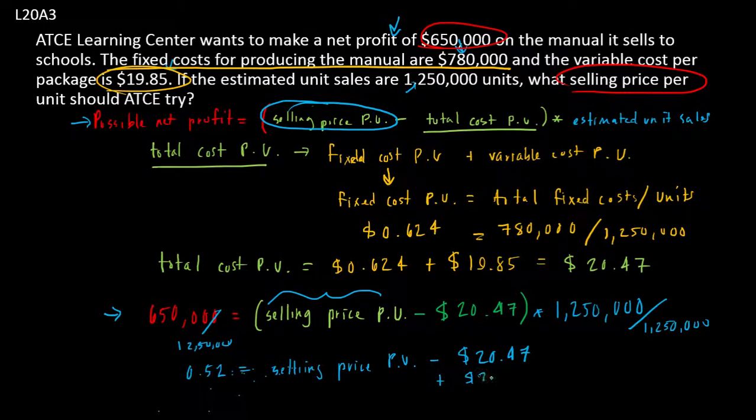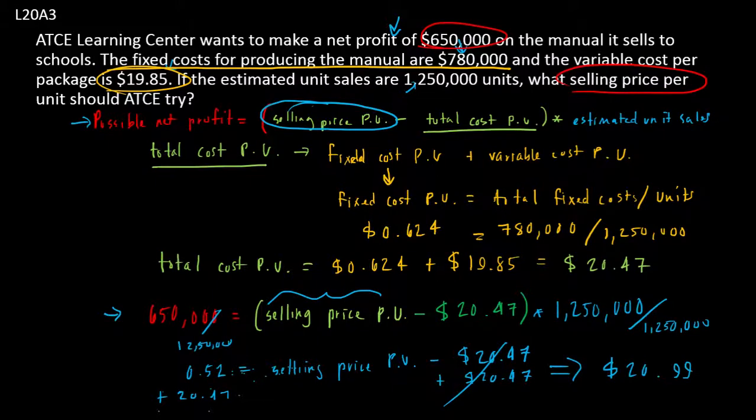So I add $20.47 to both sides of the equation, and I find that my selling price per unit comes out to 52 cents plus $20.47 for a grand total of $20.99. So this is a good selling price per unit for the Learning Center to try.